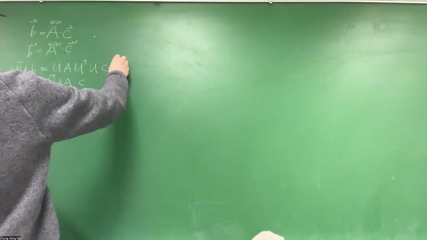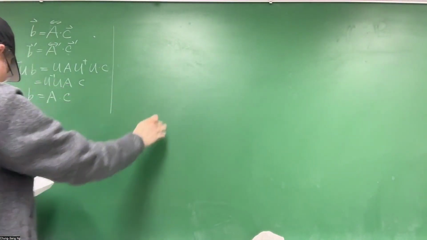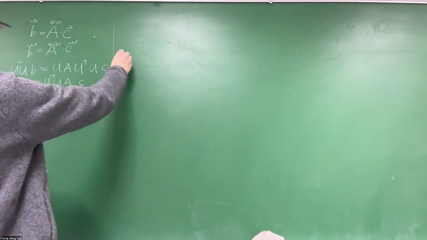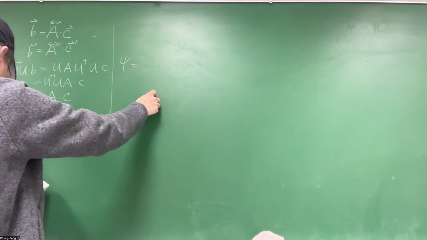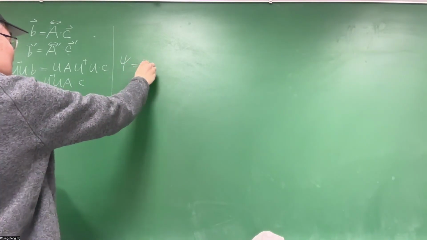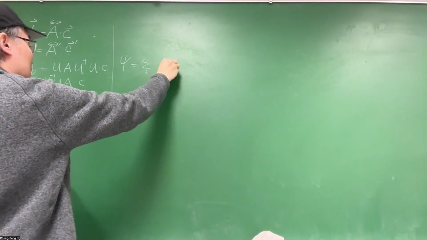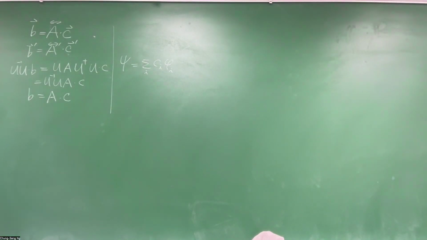So the next one, we have again an operator, but then you have a state psi, or vector, which has components expanded using the coefficients C i, right?